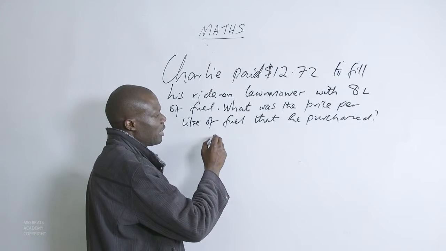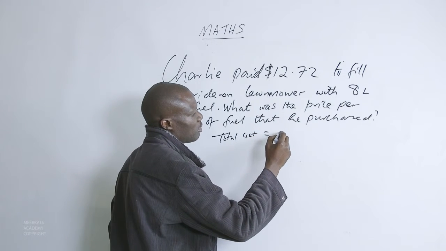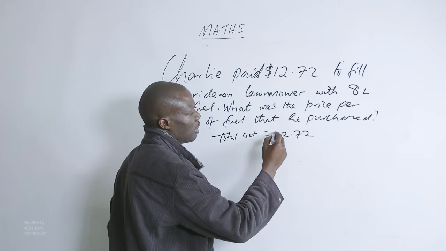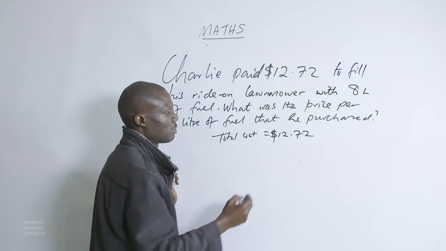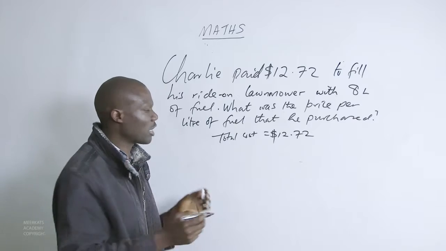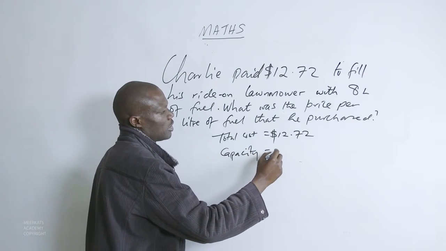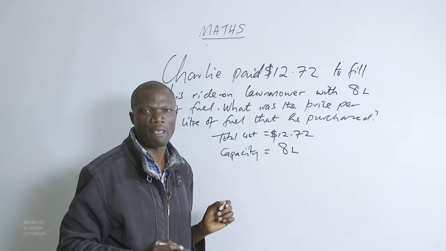So we find that here we shall take the total cost, which is $12.72, and then the quantity or the capacity of the liter, which is 8 liters.